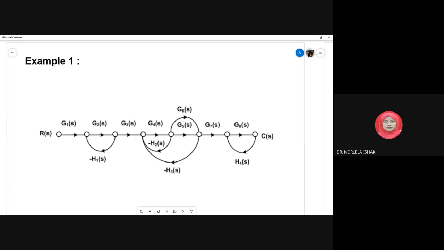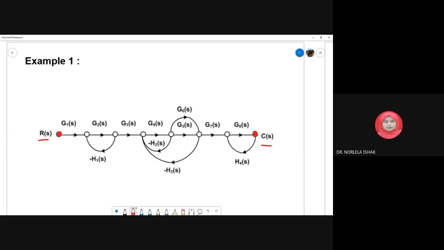We start from the input and go to the output node. Let's say this is the input node and we want to go to the output node. Which route can you follow? G1, G2, G3, G4, G5, G7, G8.